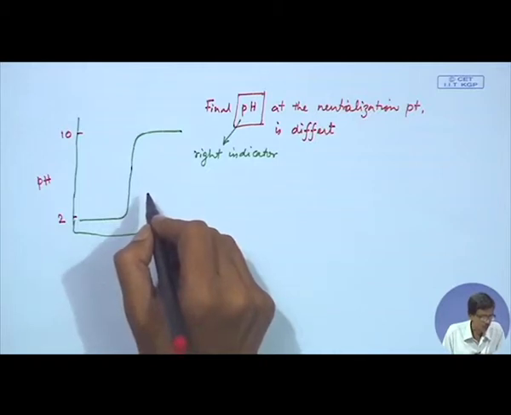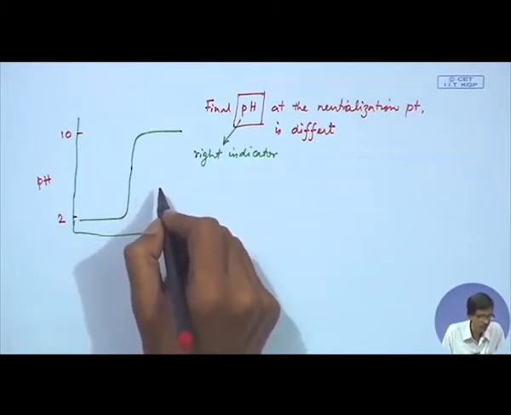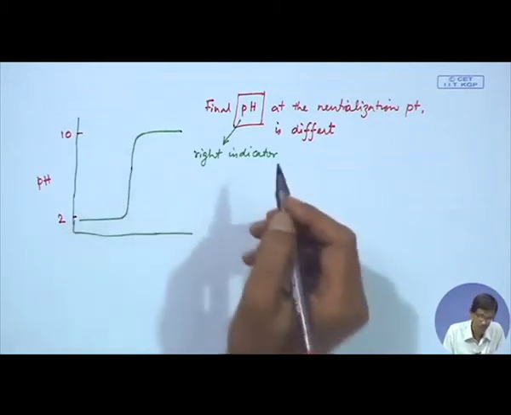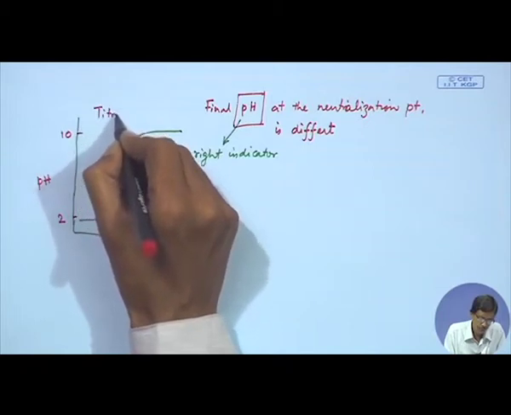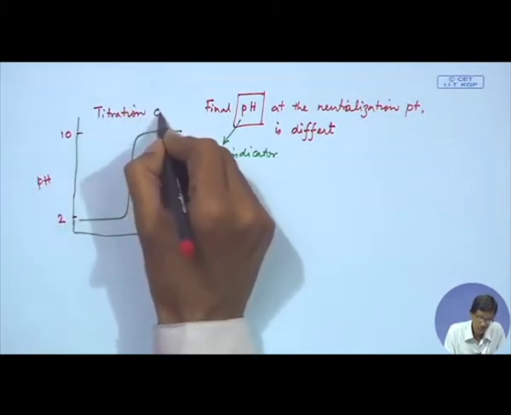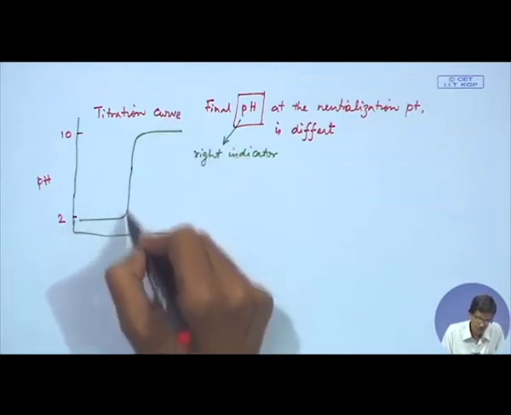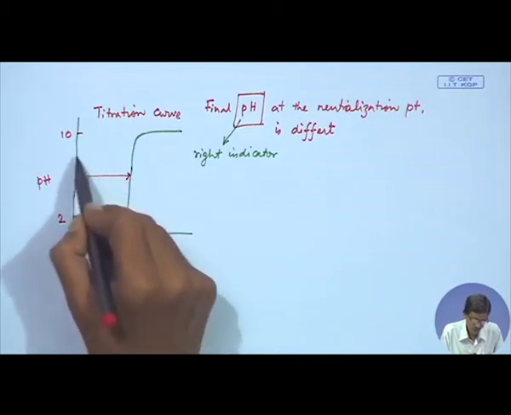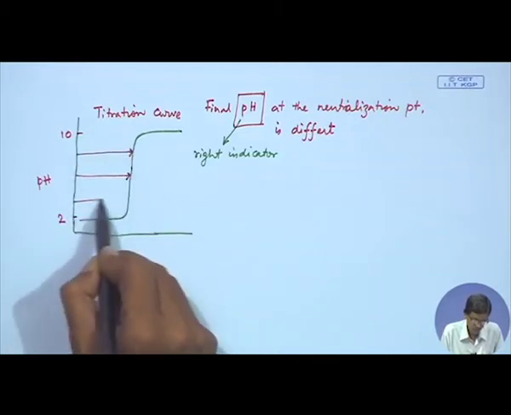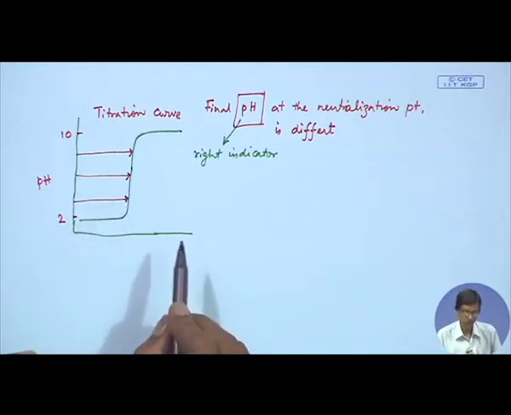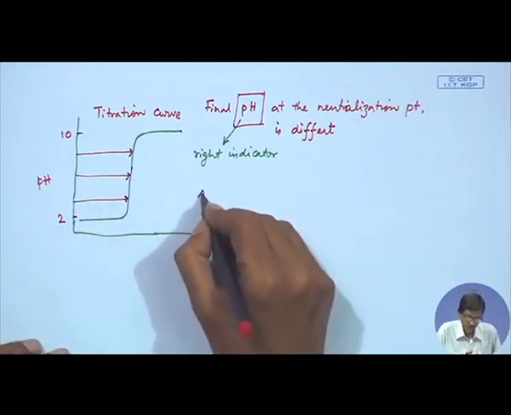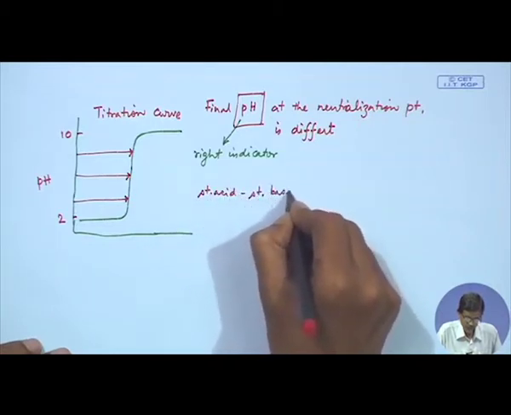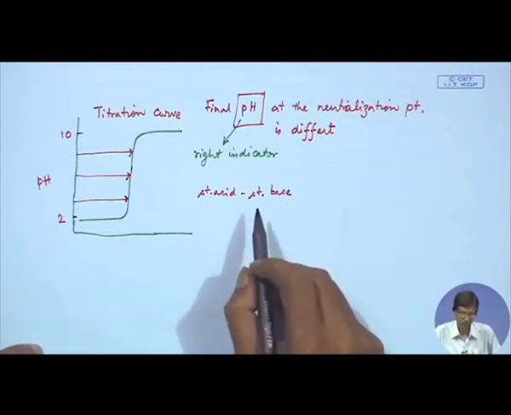When we have a corresponding change in color, when there is a steep rise in this titration curve, we should look at what that particular pH is. These pH values are characteristic for this particular titration, which can be a strong acid, strong base combination like hydrochloric acid and sodium hydroxide.